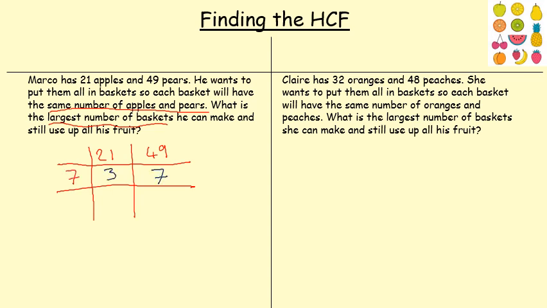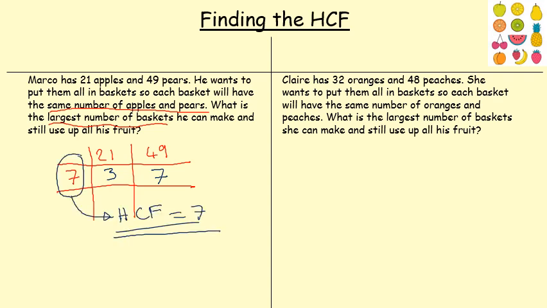When I divide 7 into 21 I get 3, and 7 into 49 I get 7. If I look at 3 and 7 in blue, the only factor they have in common is 1, so I can't divide any further, and that means the highest common factor of the two numbers is 7.